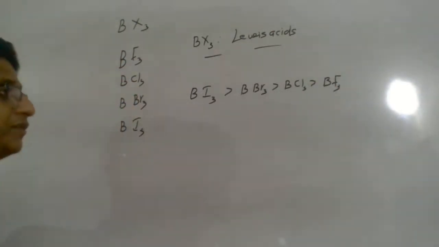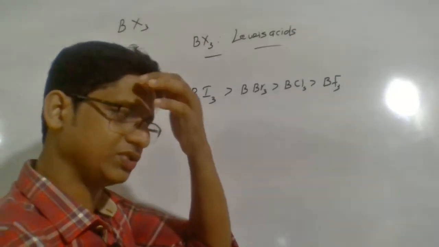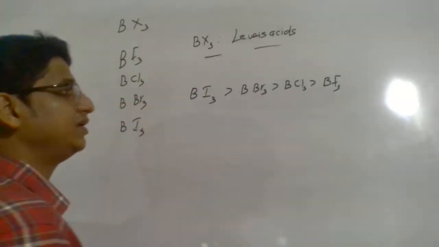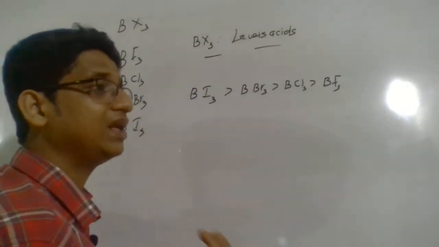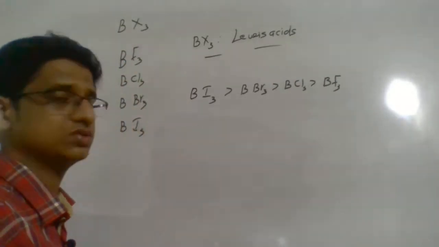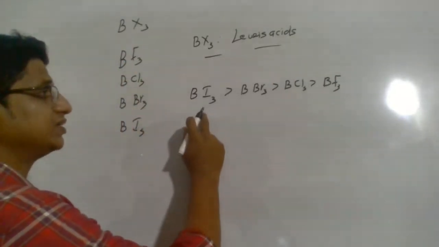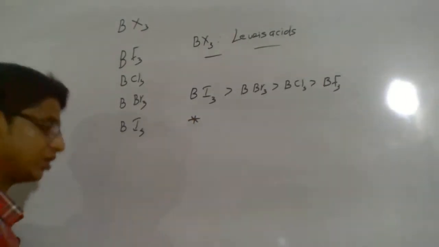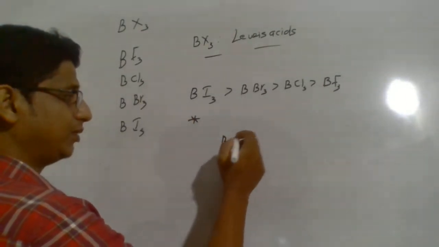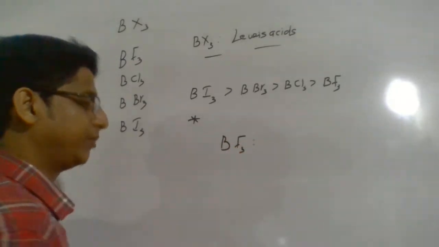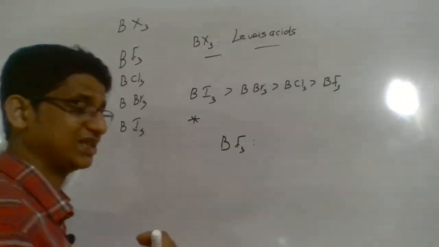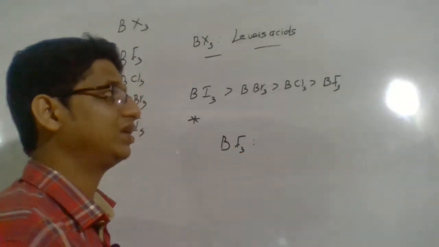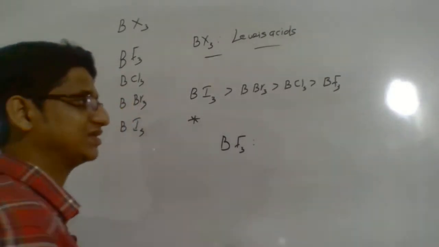Normally one can think fluorine is the most electronegative element, so BF3 should be more acidic, but it's not so. Why is BI3 more acidic compared to BF3? BF3 has the lowest Lewis acidic nature among the boron halides.